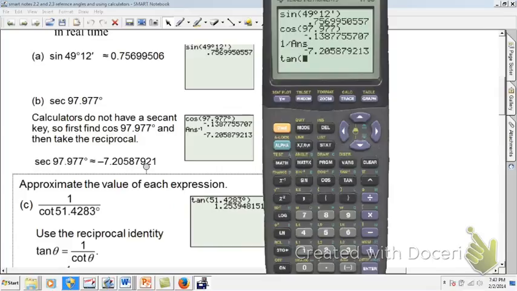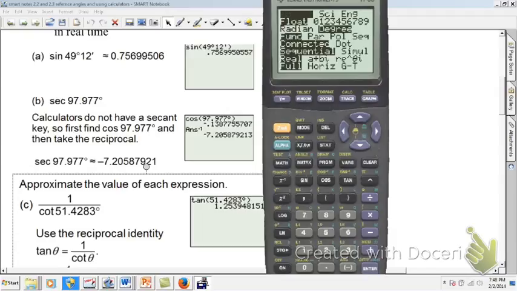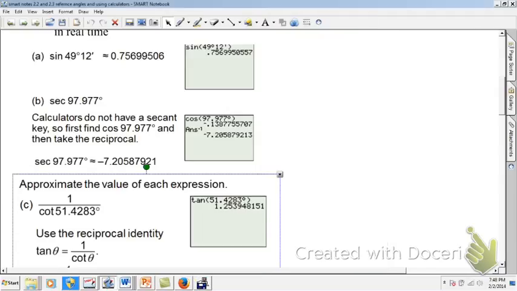We're just going to hit tangent 51.4, and I don't have to type by the way, the degree symbol if the calculator's set in degrees, which it is. So 1.25, we got that one. Okay, let's try the next one.